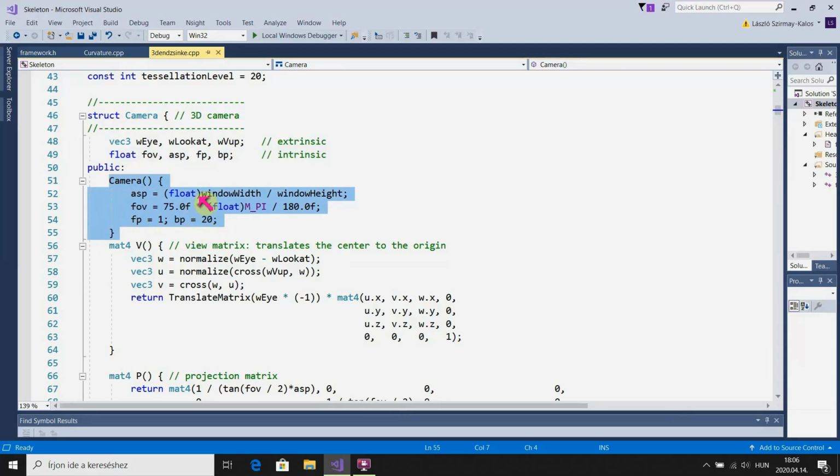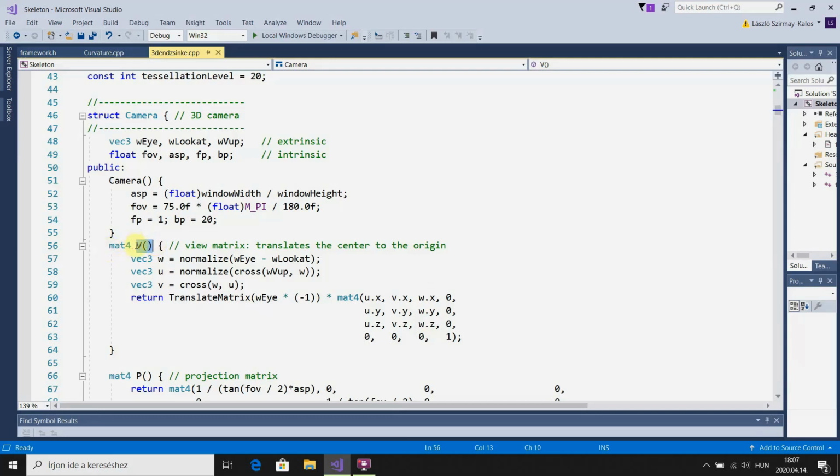The view or V transformation takes the world, including the camera as well, and translates and rotates everything in a way that after applying this transformation, our camera will be in the origin of the coordinate system, and its optical axis will be the same as axis Z or minus Z, and its vertical direction will be axis Y.